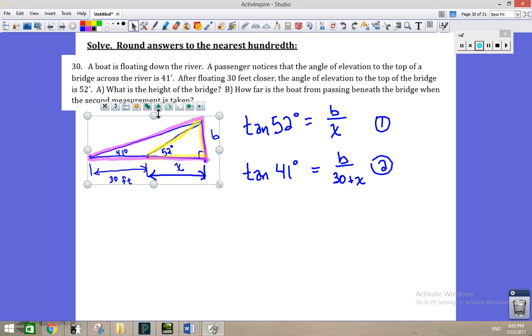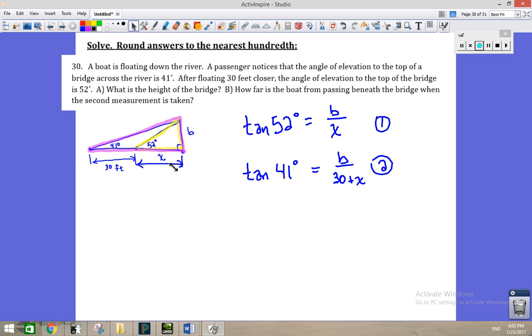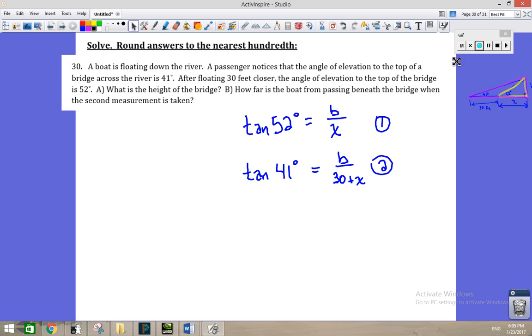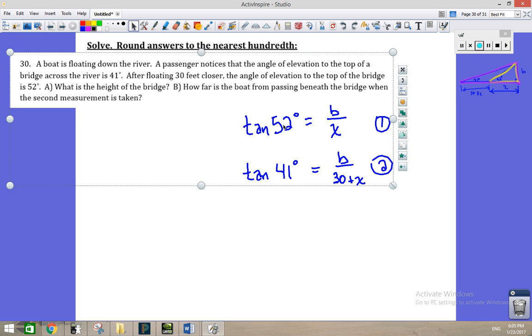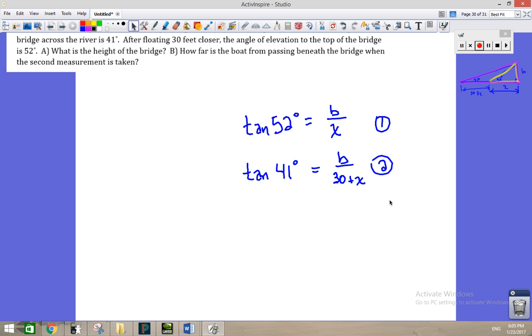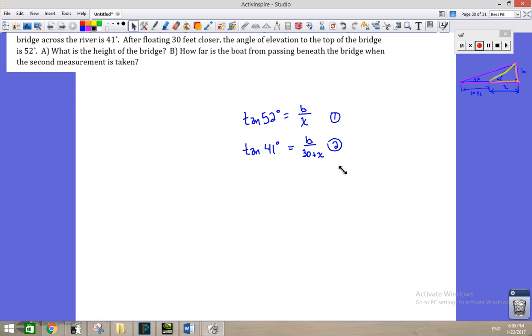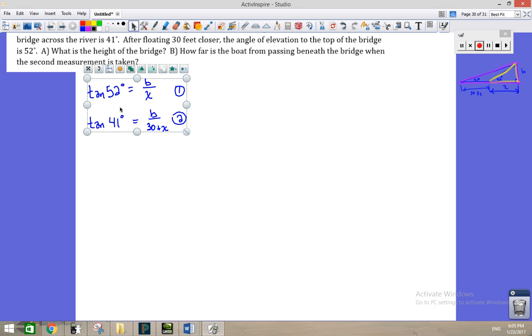I am going to shrink it up and move it out of my way. I'm going to rewrite equation 1 in terms of b. So I'm going to write b equals, I'm going to multiply both sides by x, so x times the tangent of 52 degrees.